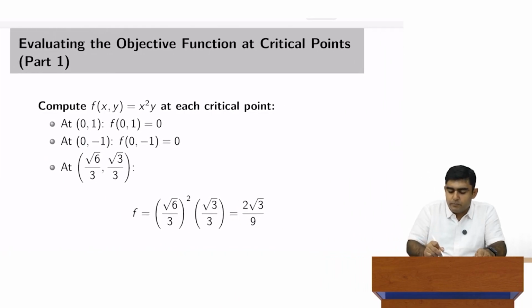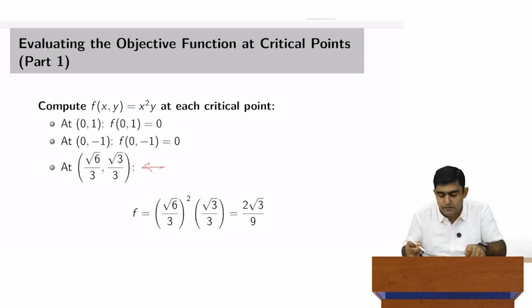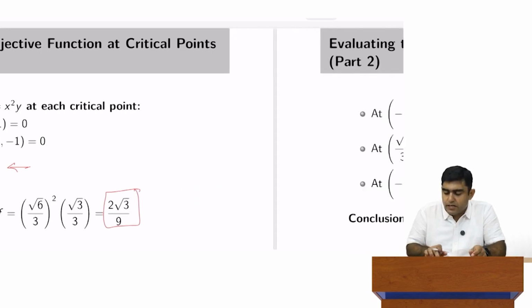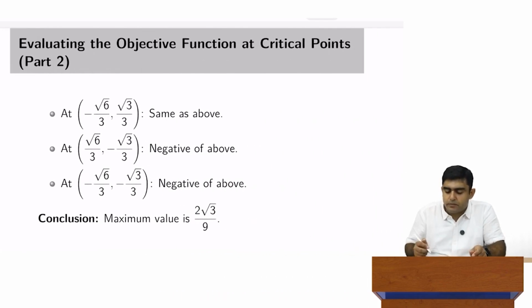So, let us consider the point root 6 by 3 and root 3 by 3 as our point of interest for these calculations. We get the value of function f as 2 root 3 by 9, and at other points we get the same value, for example for minus root 6 by 3 and root 3 by 3, because our objective function is x square y. So, if x is positive or negative, we are going to get the same value of the objective function.